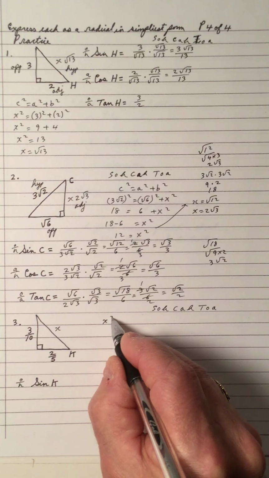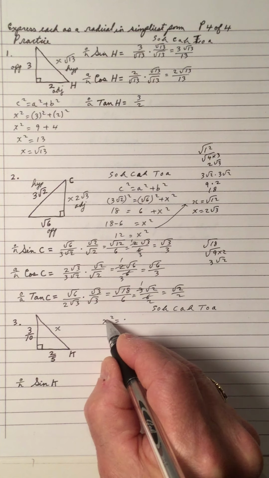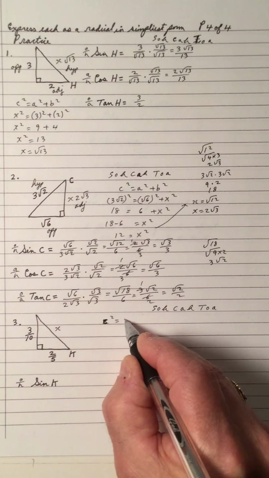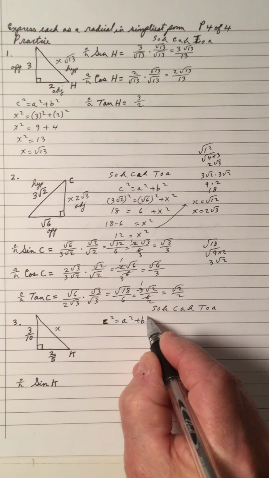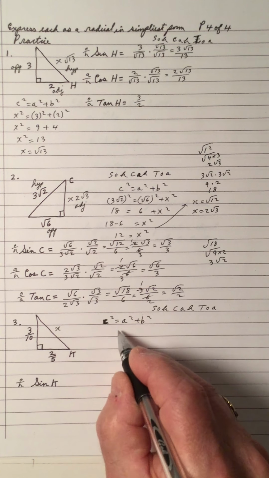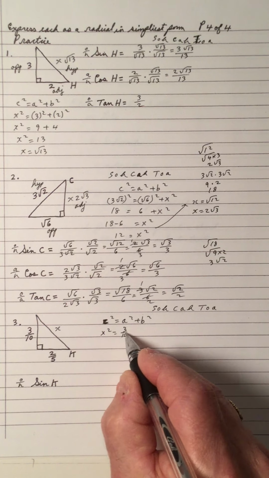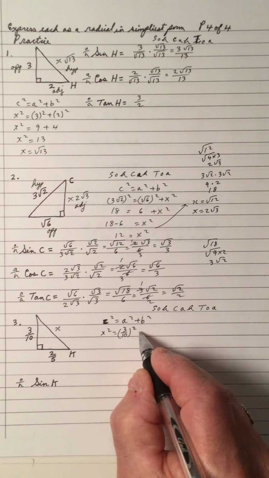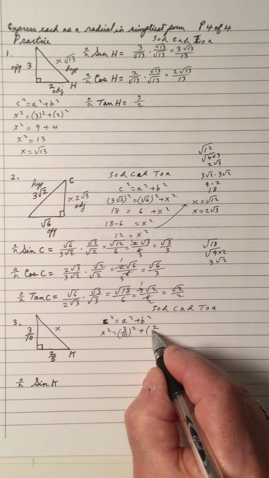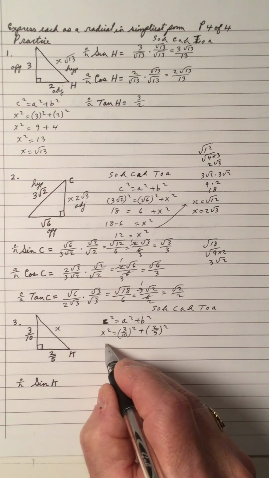So x squared: c squared is a squared plus b squared. I always write this down first. So x squared is 3/10 squared plus 2/5 squared.